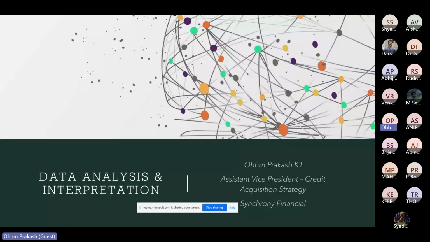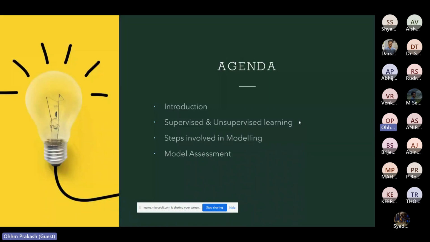As I said, we'll look into a brief introduction to what is modeling and the different kinds of modeling. The prime focus today would be on the steps involved in modeling and how to assess if a model is good to use. A model is nothing but a framework which accepts some inputs and gives some output.